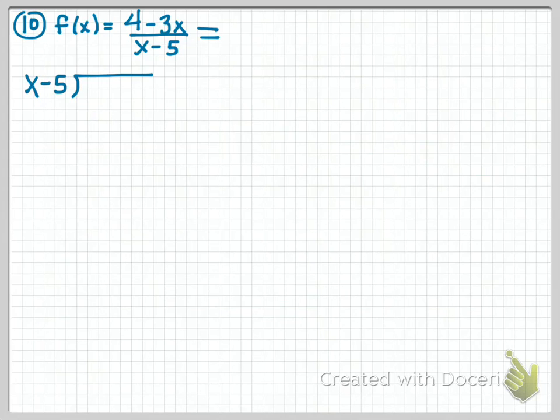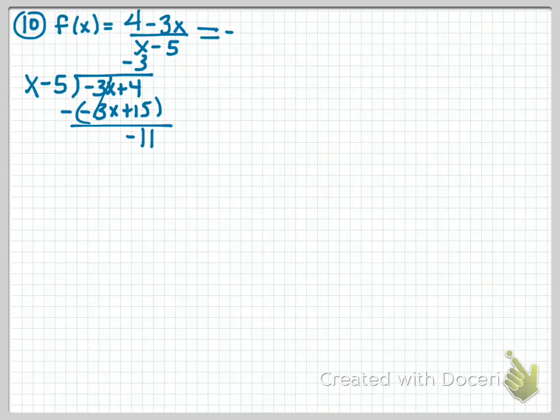So I divide x minus 5 into negative 3x plus 4. And we're going to distribute a negative 3, and we get negative 3x plus 15. And we subtract, and these go away, and then we have 4 minus 15 would be negative 11.